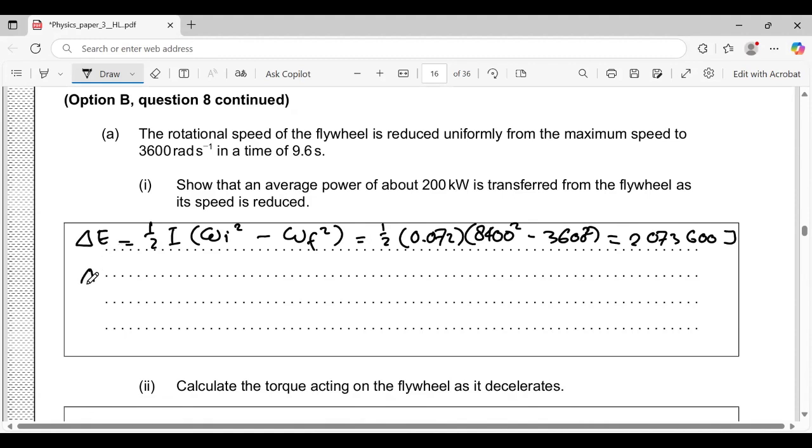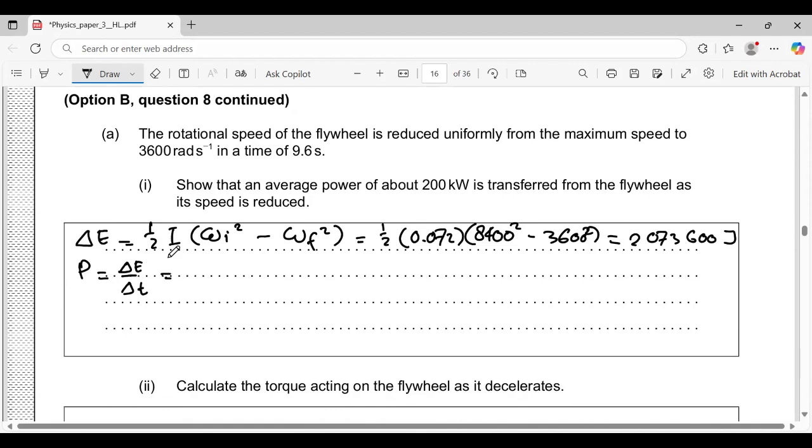Okay. So the answer, the average power. I'm going to use P. P equals delta E over delta T, the change in energy over the change in time.